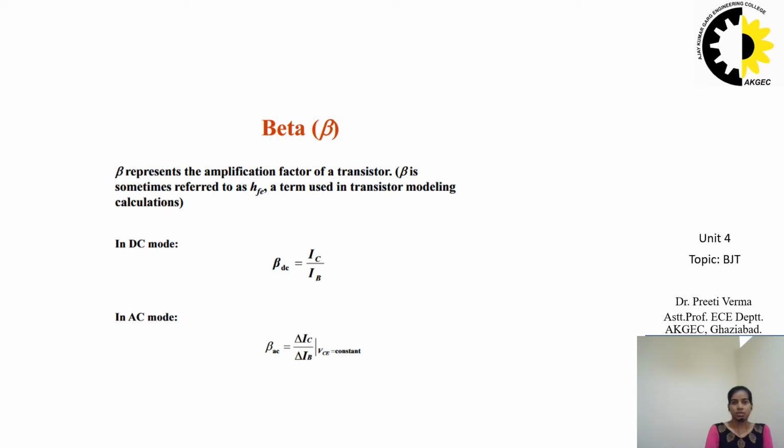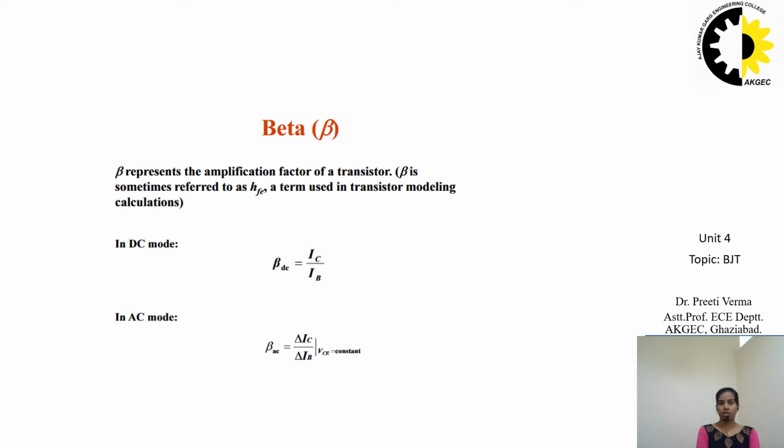For a device which has a beta of 200, the collector current is 200 times the magnitude of the base current.